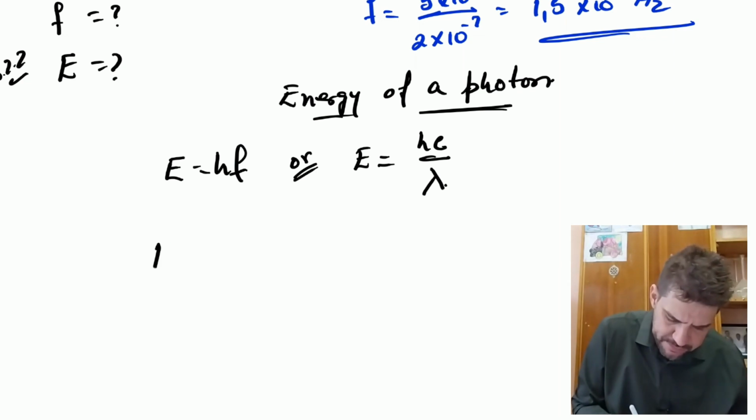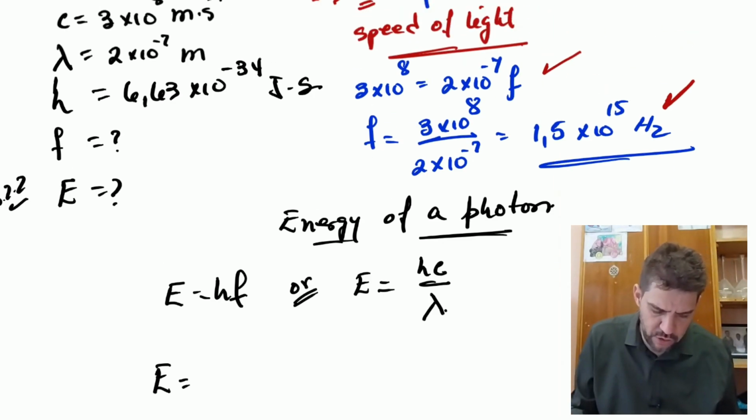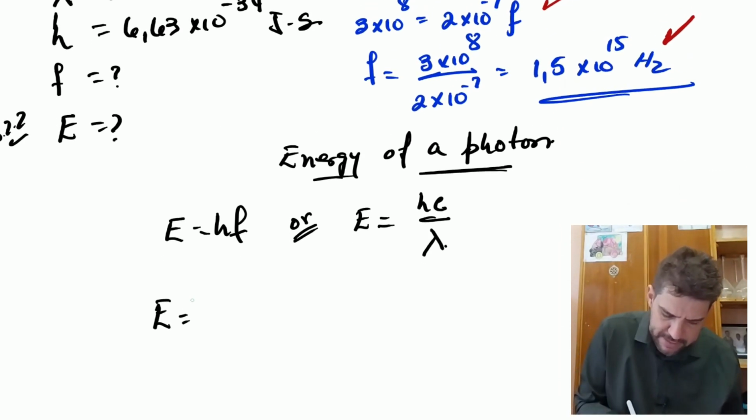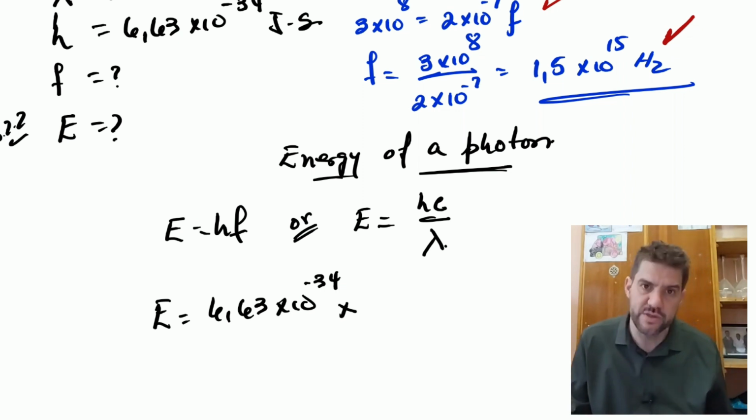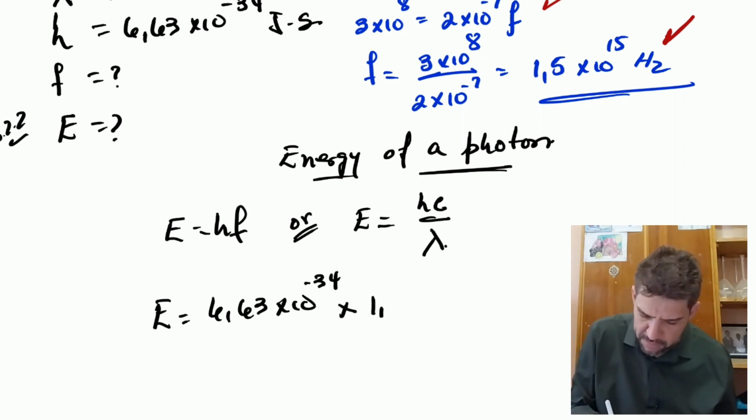So energy is equal to h, which we already did write the data there, 6,63 times 10 to the minus 34, times the frequency we just calculated, 1,5 times 10 to the 15.